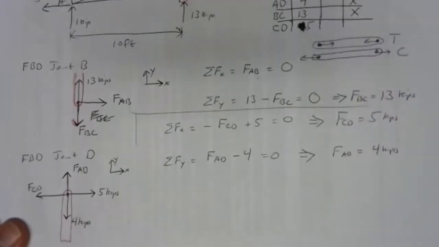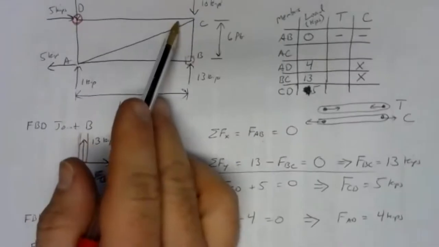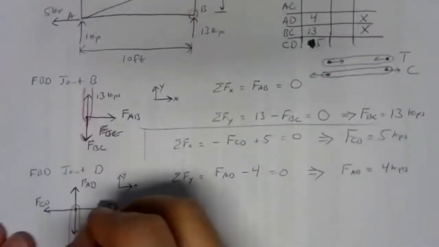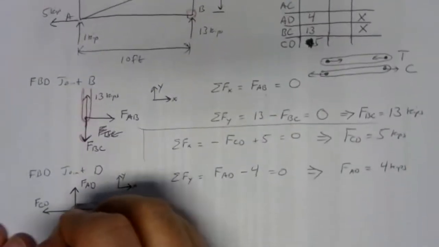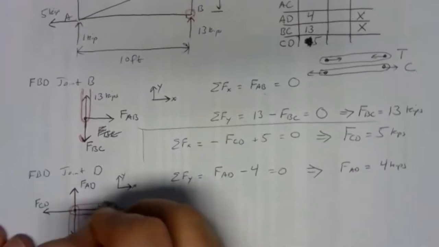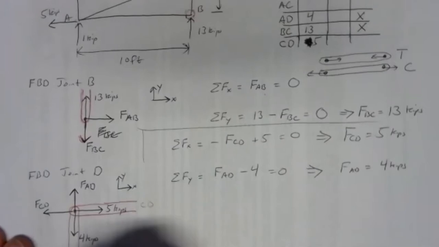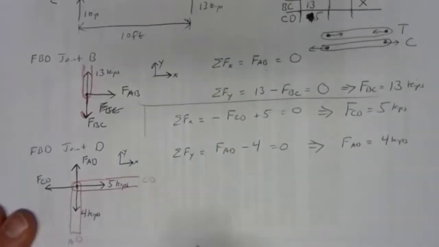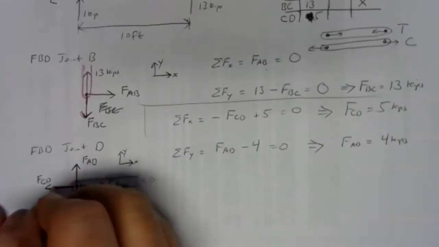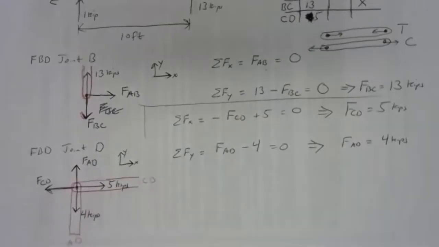Member CD. Well, if we go back to the drawing, member CD is to the right of joint D. So member CD is over here like that. And member CD is pushing joint C or joint D away.